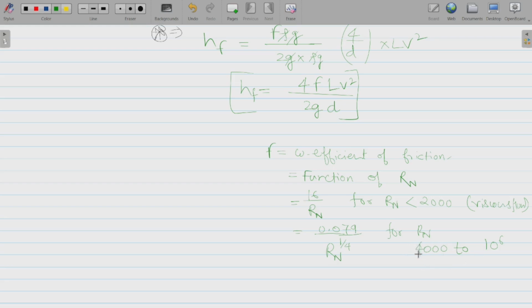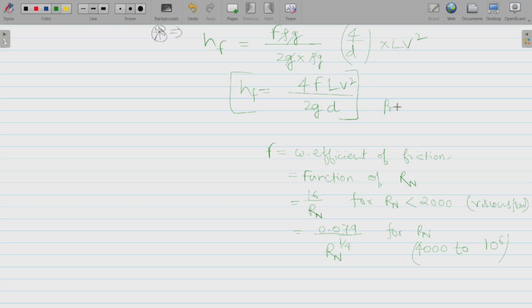So because of the experimental value, if the Reynolds number is 4000 to 10 to the power 6, you will use this value, and this is how you define this f, or the coefficient of friction, in this equation.